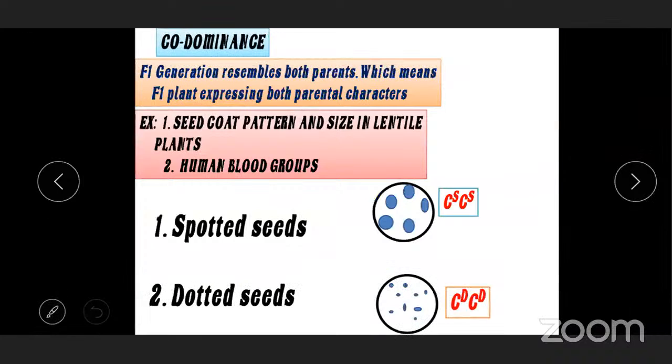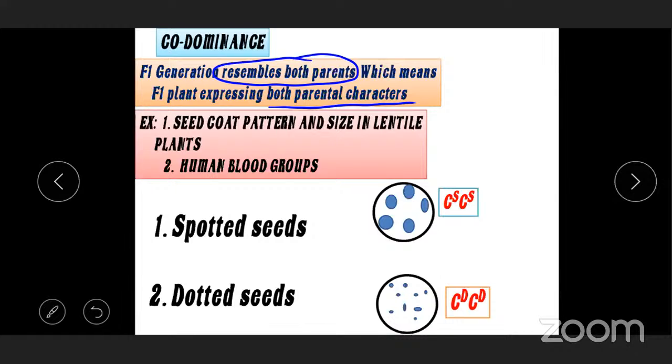Co means what? Mixed or combined. In co-dominance, the F1 generation resembles both parents, which means the F1 plant expresses both parental characters.